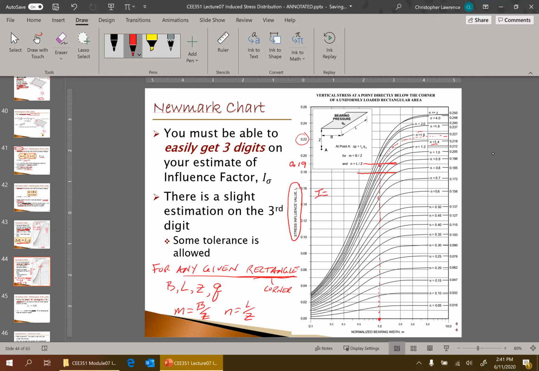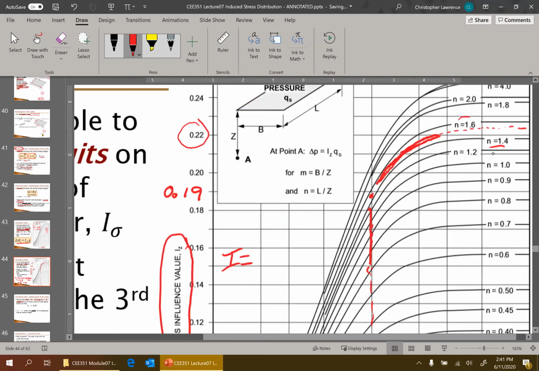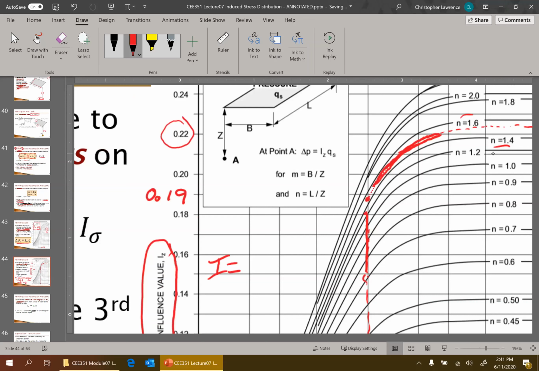We have come to a point where M and N intersect, right? M equals 1 and N equals 1.5, between this 1.4 and 1.6. And this is the point where they intersect. I don't know if this is helpful. Right there.